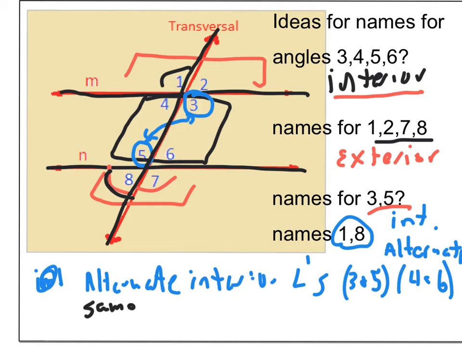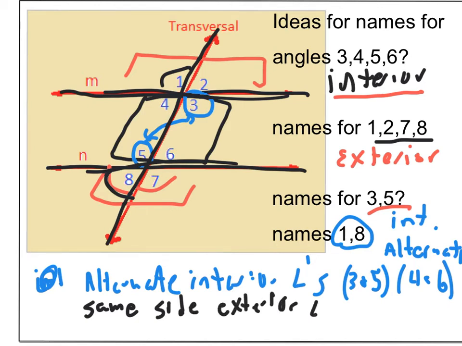Or I'm sorry, these are not interior. These are on the outside of the parallel lines. So that would be same side exterior angles. And that could be 1 and 8 because they're on the same side. Or it could be 2 and 7. And you could probably figure out the rest of this too.